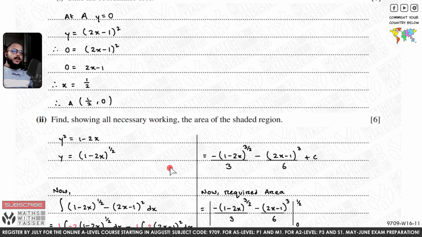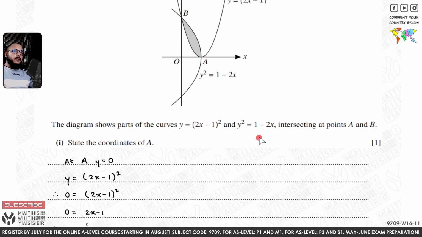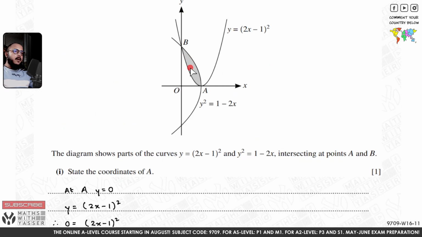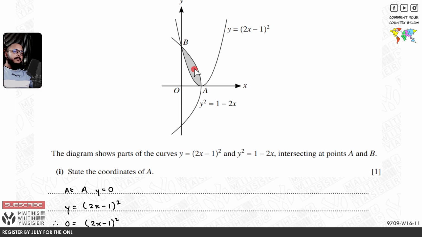In the next part of the question, we are asked to find, showing all necessary working, the area of the shaded region. So let's plan first how to find the area of the shaded region. We know that in order to find the area from the graph, we need to integrate the equation of the curve.